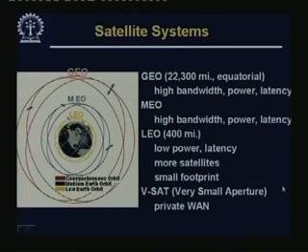And of course, we use a VSAT, which is a very small aperture terminal. Now, when you talk about a VSAT, you are not actually referring to any satellite, you are referring to the ground equipment that you use. VSATs are very small aperture antennas which private individuals can use.